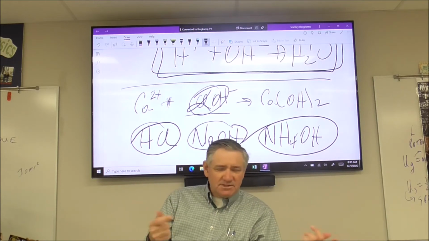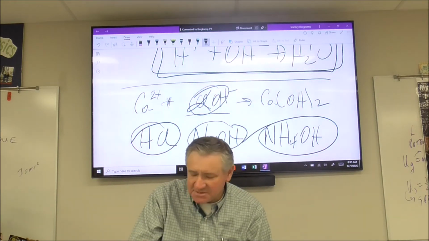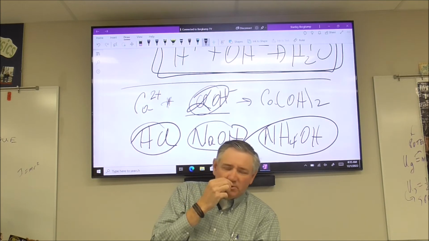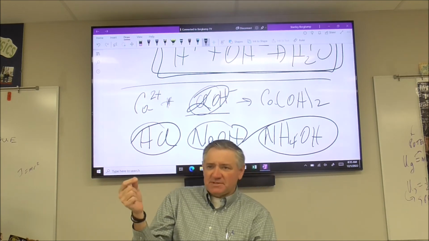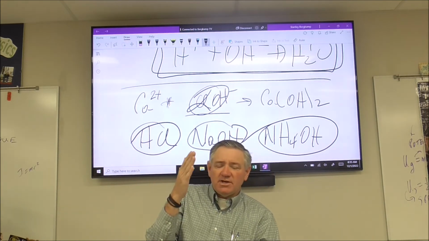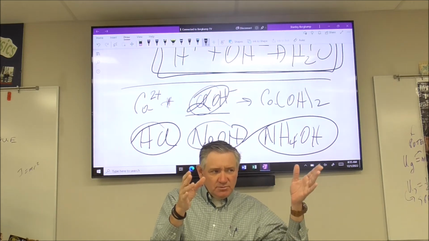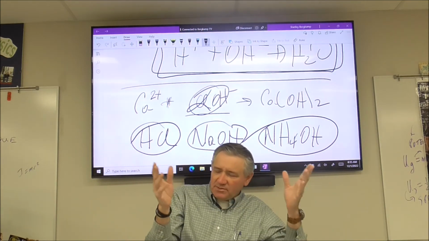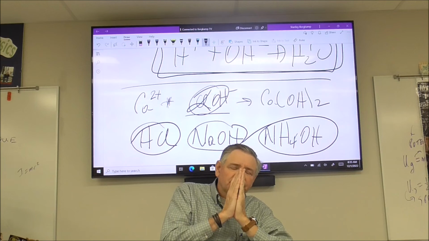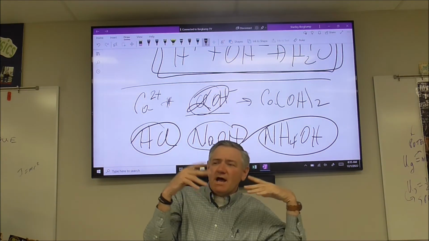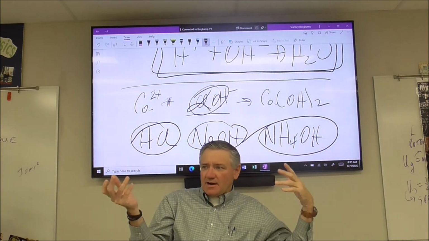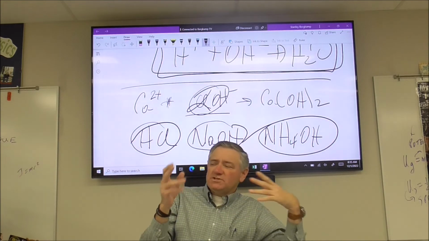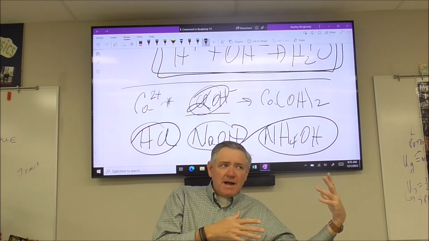A lot of times, when you get into more complex labs, what you do is called a differential precipitation. You'll have a test tube with an unknown number of cations in the solution, and you have to be able to separate them out.